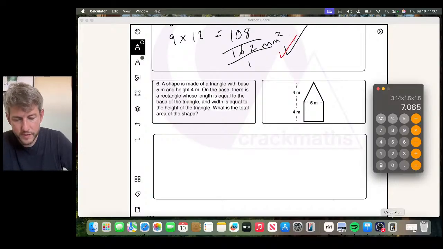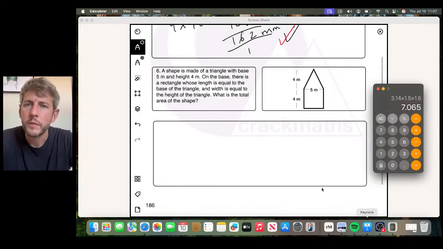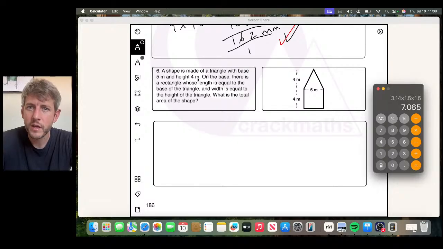Question 6 says, a shape is made of a triangle with base 5 meters and height 4 meters. On the base there is a rectangle whose length is equal to the base of the triangle. Okay, yep, and the width is equal to the height of the triangle. What is the total area of the shape?